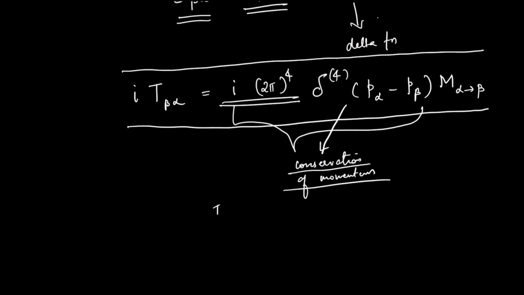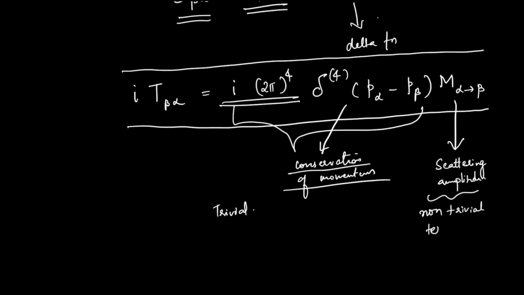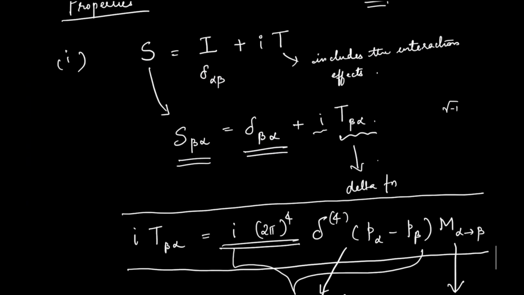So these are all trivial terms, and the non-trivial term is the scattering amplitude. So M alpha beta is the scattering amplitude. This is the non-trivial term. So that is the first property.